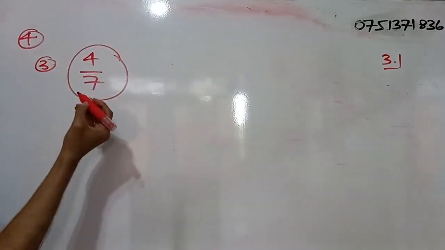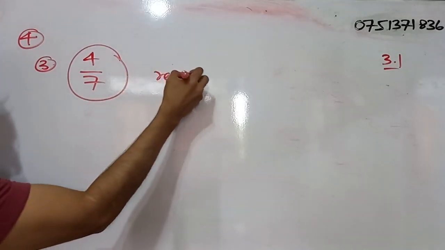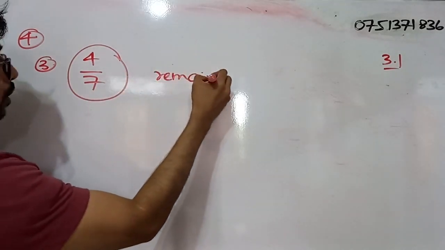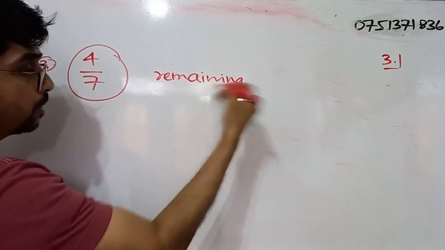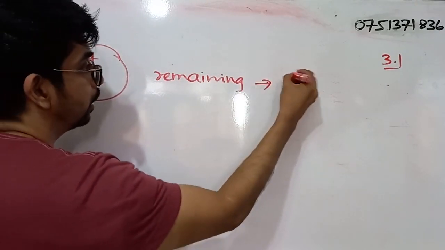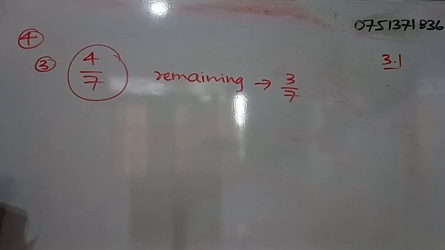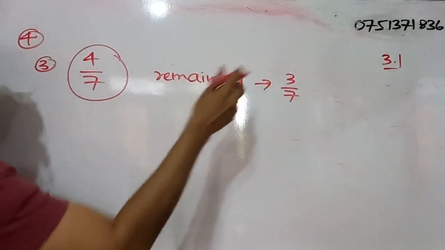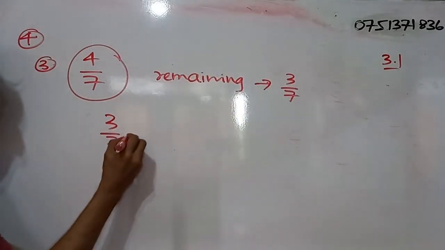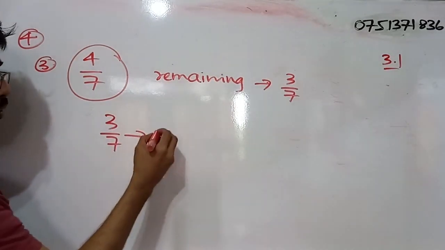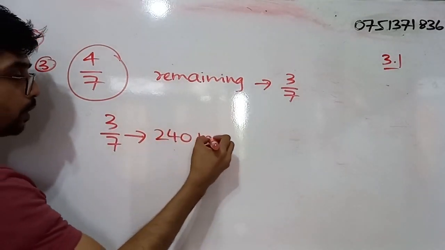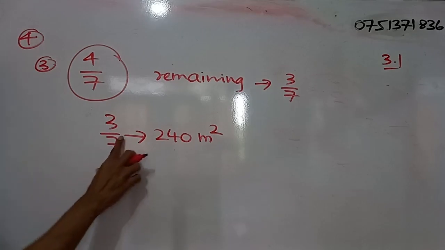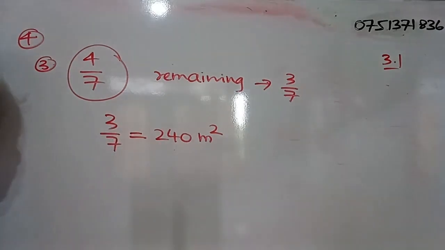So this belongs to Pradeep. So what is the remaining amount as a fraction? That is what? 3 by 7, no? So actually, this is equal to 240 square meters.